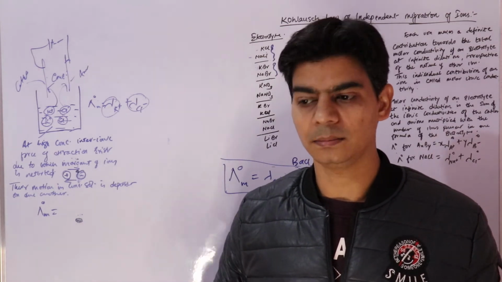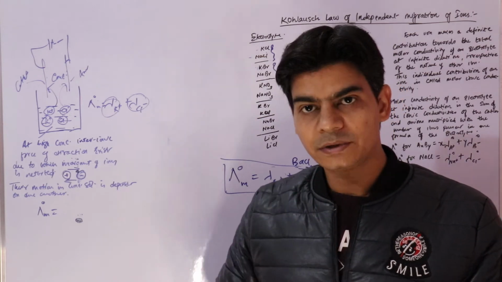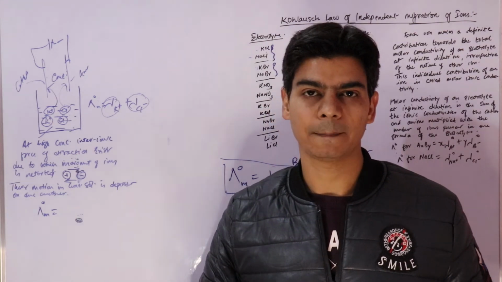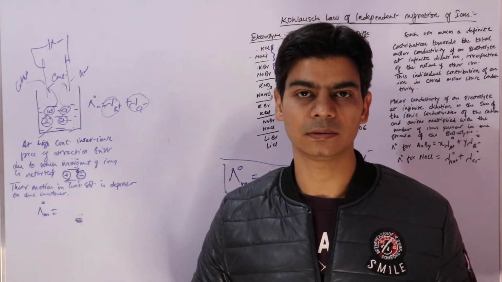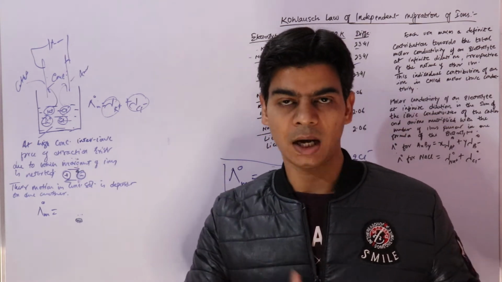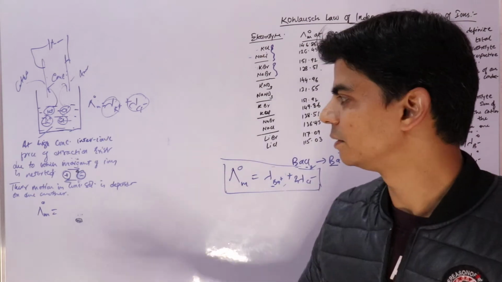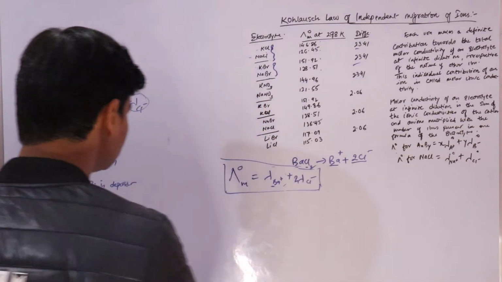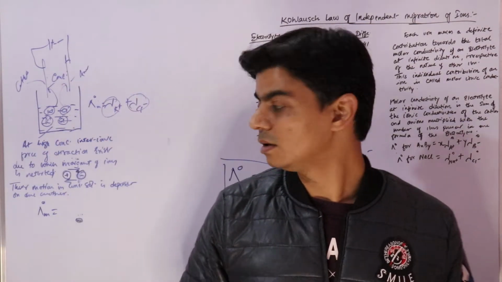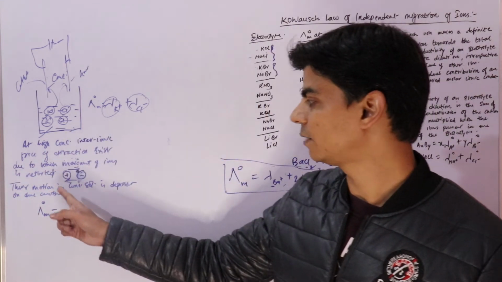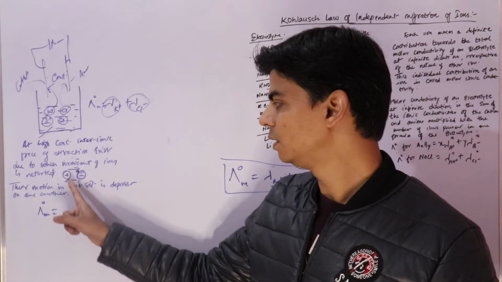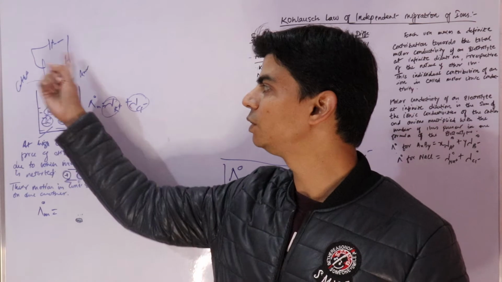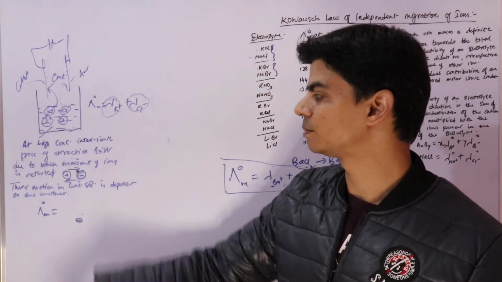And we know that when electrical conductance depends on the movement of ions, the ions that are free to move conduct high electric current compared to the ions that are retarded, as in concentrated solution, right. So Kohlrausch's law is not applicable for electrolytes in concentrated solution, because we have this interionic force of attraction which is hindering these ions when they are moving towards the opposite electrodes when electric current is passed.